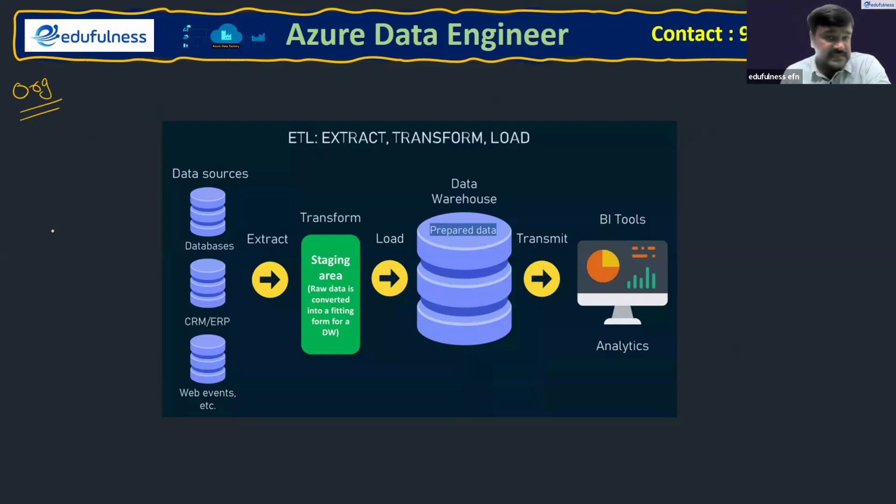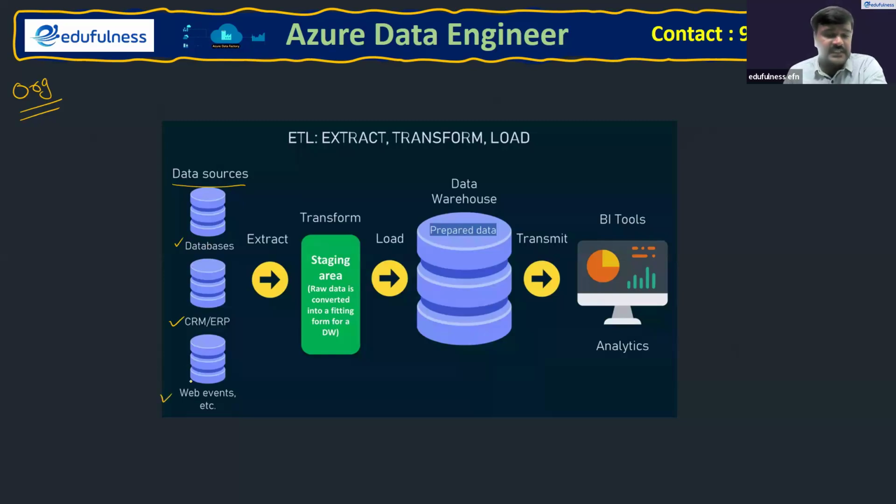If you take any organization which has multiple branches, regular business or regular transactions happening, simply an organization which has some data, it may have multiple data sources. Data might be generated or inserted into databases. Data might exist in CRM or ERP systems.